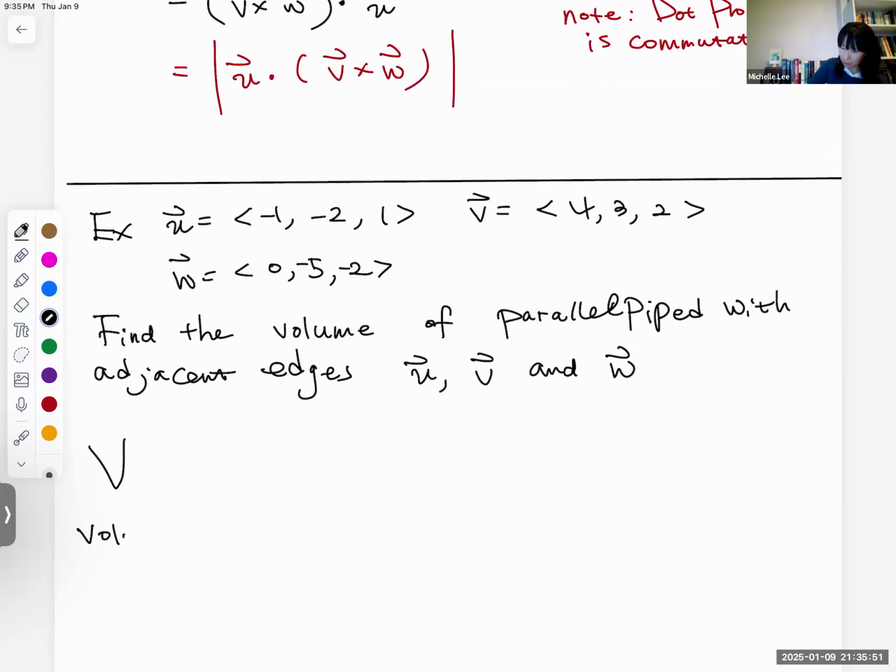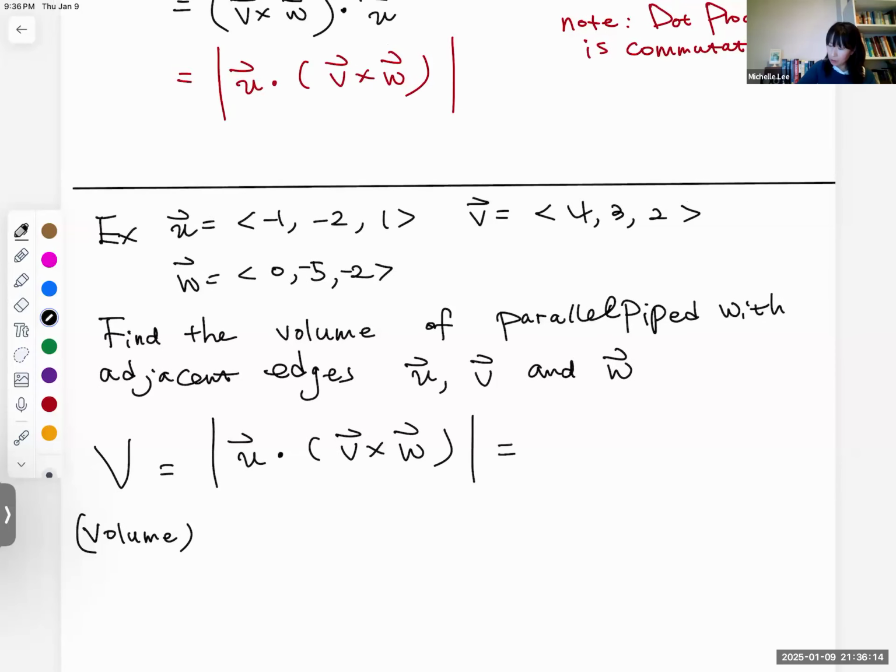Okay, so volume, we had the formula u dot product with cross product of v and w, right? So we call this a triple scalar product, right? With the absolute value, right?